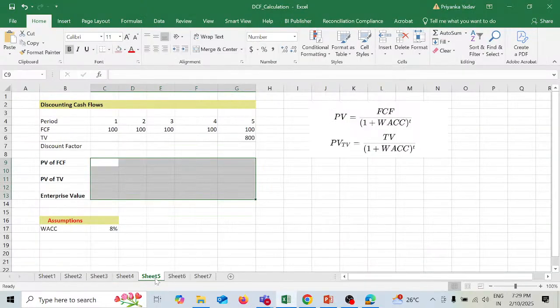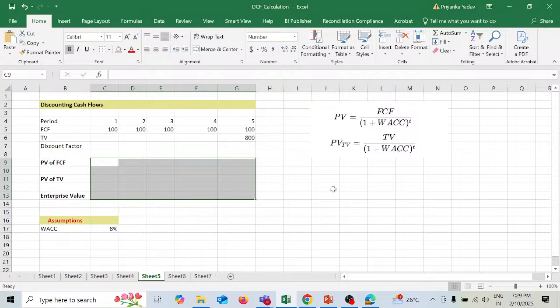Another sheet over here. So I have a period of 5 years. FCF and terminal value we have already calculated, so I'm not providing these calculations again. Now we'll first calculate the discount factor, which we're going to use for the present value, or discounted value, of FCF and your terminal value.